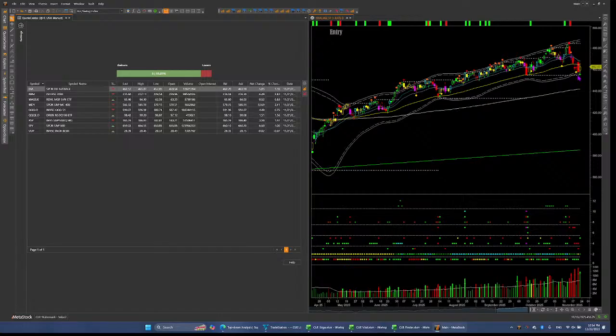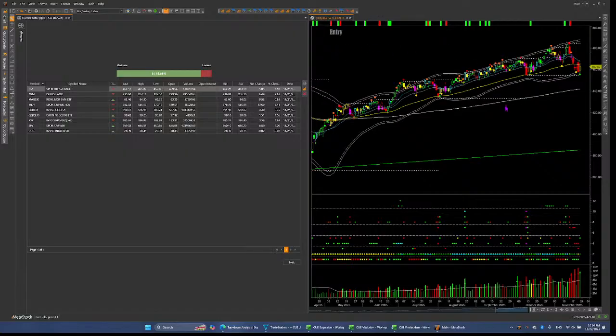I don't want to look at just the daily chart. If I wanted to look at only daily chart, it has the first instrument DIA. I could use the arrow buttons at the bottom or the hotkeys Alt right arrow to move to the next stock, or Alt left arrow to move to the previous stock.